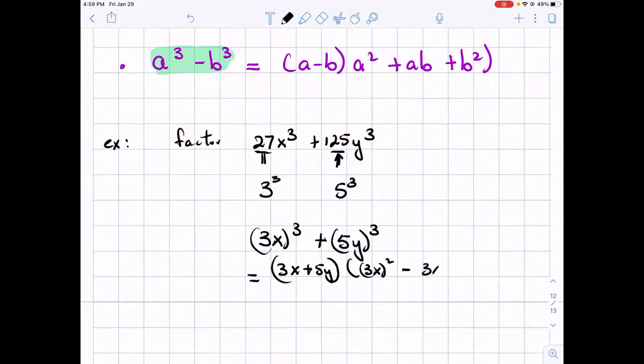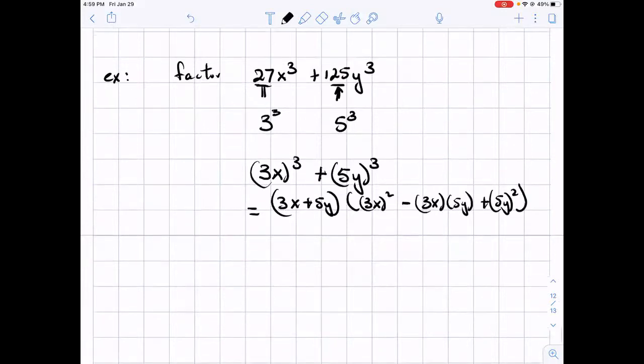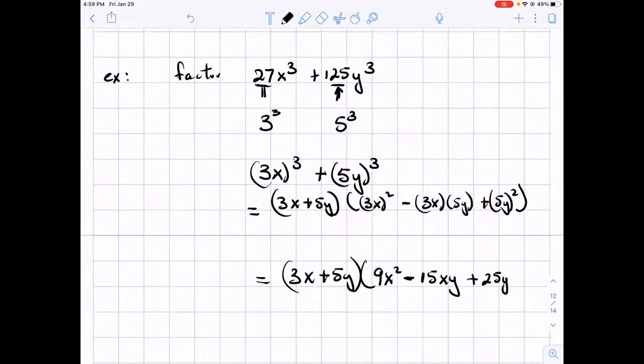Minus 3x times the 5y, and then plus the 5y quantity squared. Simplifying this, we have 3x plus 5y times 9x squared minus 15xy, okay, plus 25y squared.